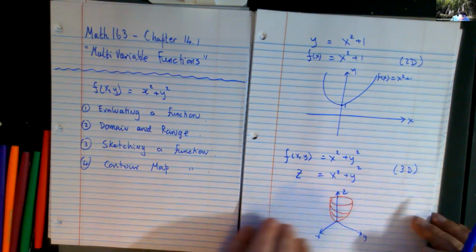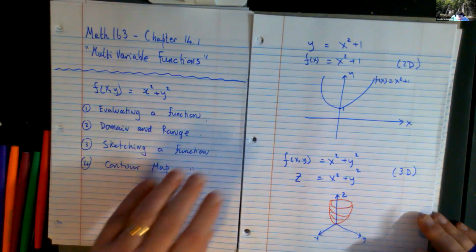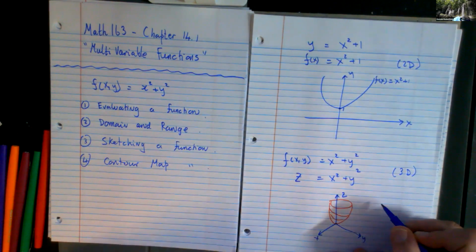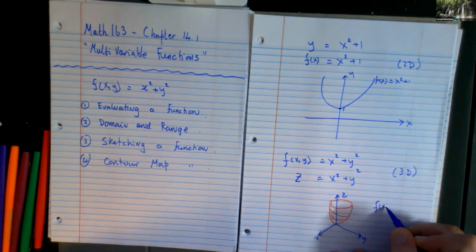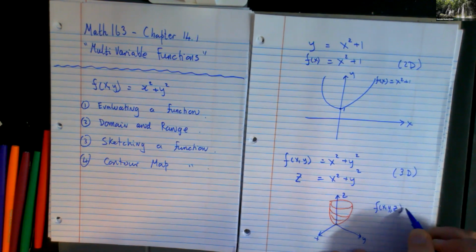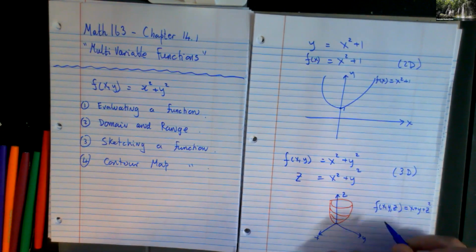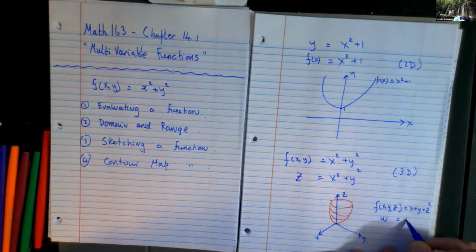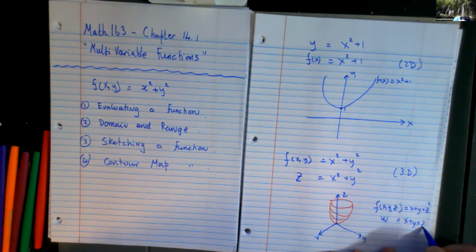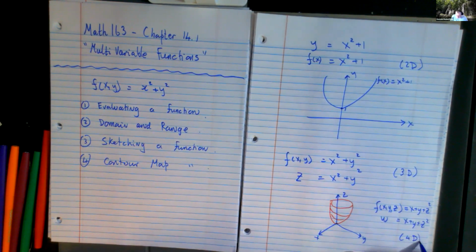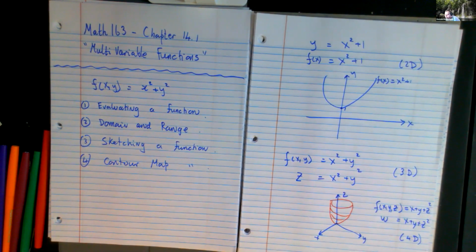So theoretically, couldn't I do another function? And I don't know, I might call it W. Now, if I try to sketch what that looks like, wouldn't that be a 4th dimensional thing?